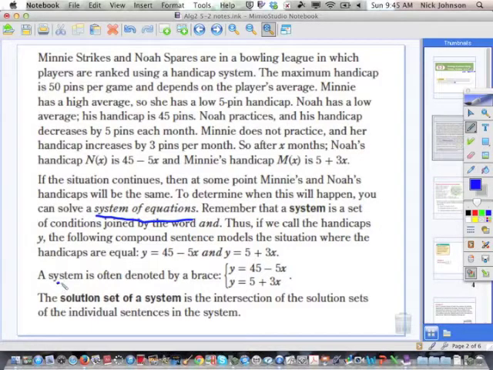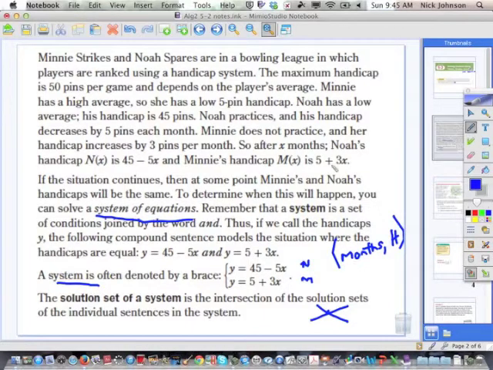So they're giving you this system, this is Noah's, and this is Minnie's, and they want to know when these two things are going to intersect. A solution set of a system is the intersection of the solution sets of the individual sentences in a system. So we want to see where they intersect. Months is going to be my x, and my handicap is going to be my y.